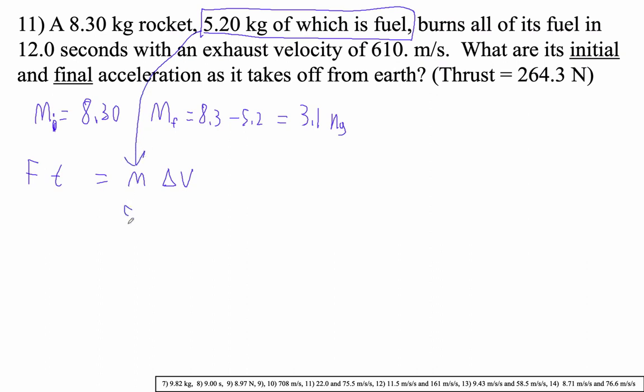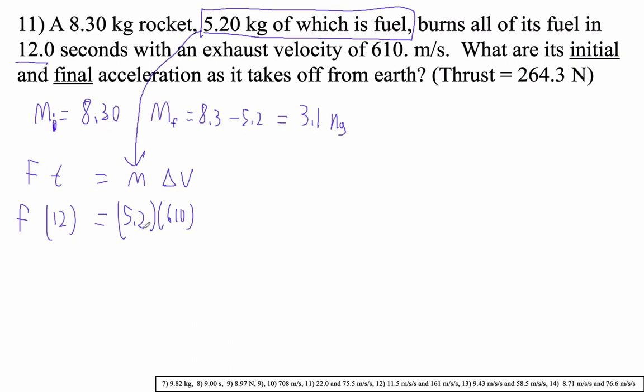So that's 5.2. Exhaust velocity is 610. The time that it takes that fuel to burn is 12 seconds. And we're solving for the force. Just make sure that that is the fuel. It's not the initial mass. It's not the final mass. It's the fuel mass.